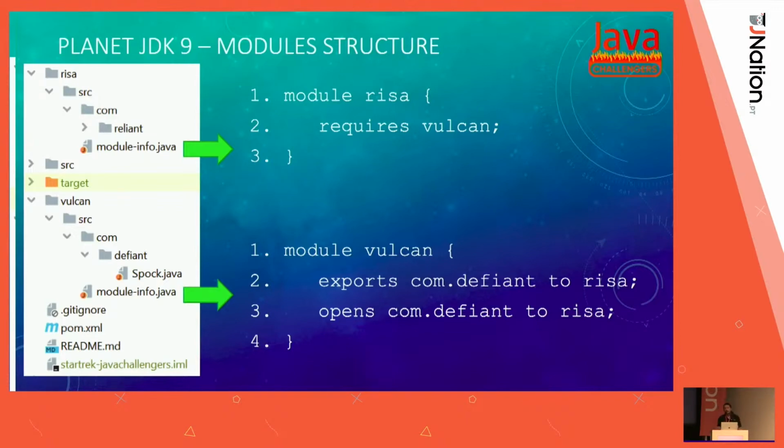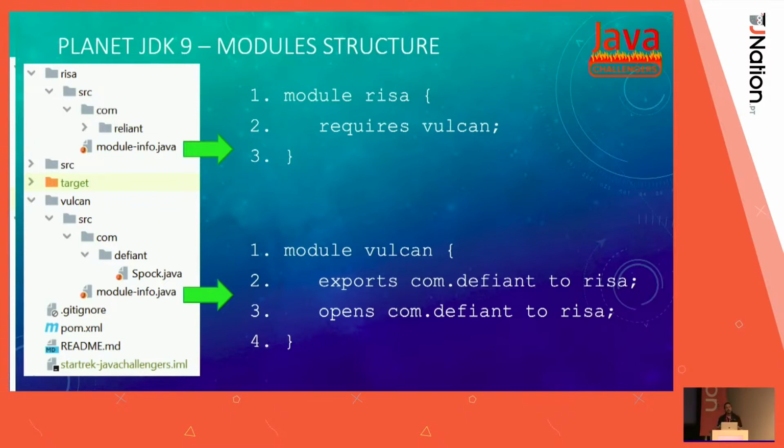And the benefits of using modules is that you can create a lightweight application with modules because you don't need to import all the ecosystem from Java. And you also have strong encapsulation.